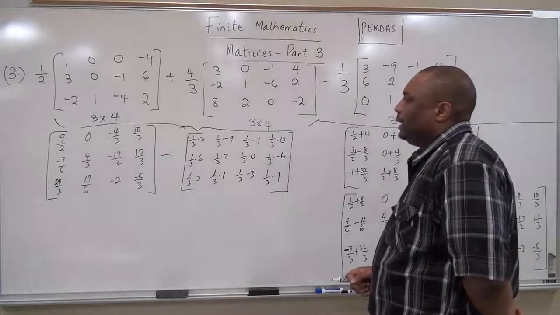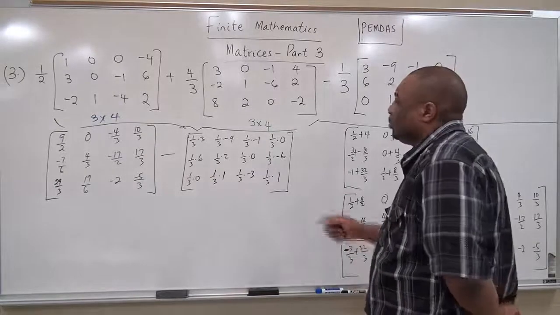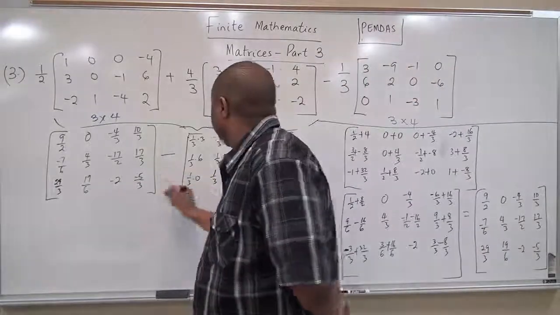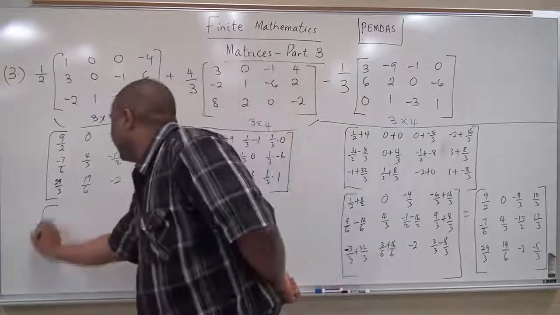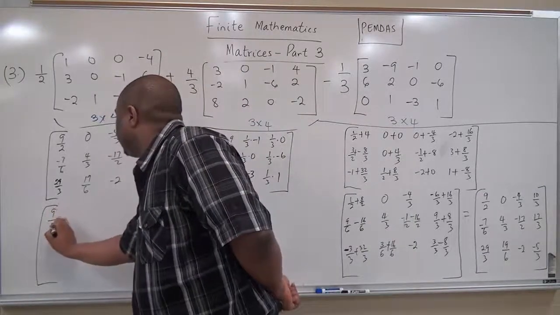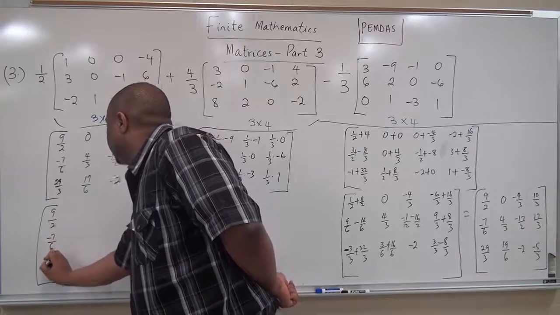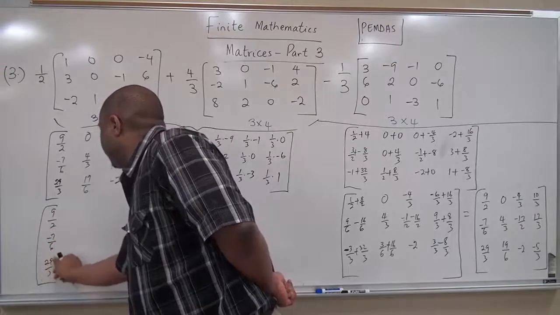Okay, so what will this give us? Let's write this down again. It does not matter. 9 over 2, negative 7 over 6, 29 over 3.